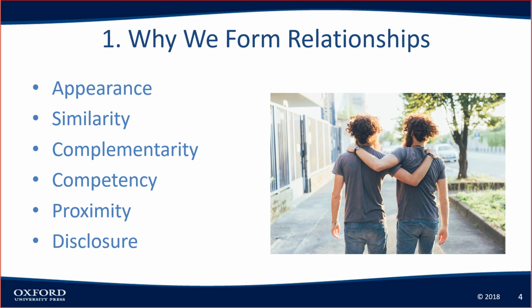So when somebody lives closer or is accessible, the relationship will probably form more rapidly. Although there are individuals that are comfortable with the distance, when we think about our mediated communication and the relationships that are developed online, it could be a positive. And then disclosure, the openness or closeness, being open and sharing the depth of information.